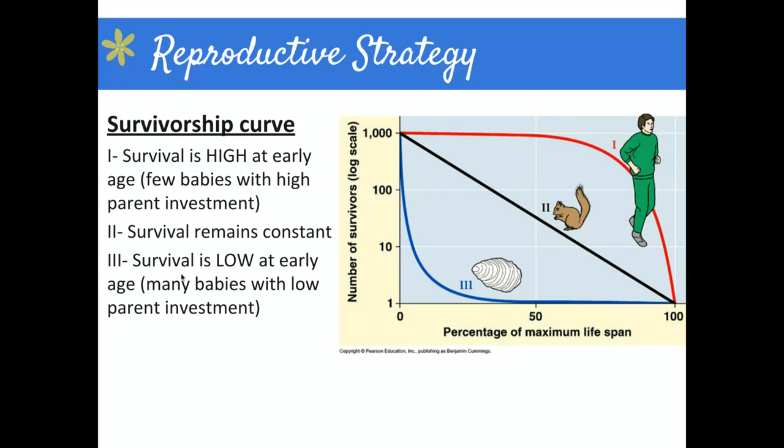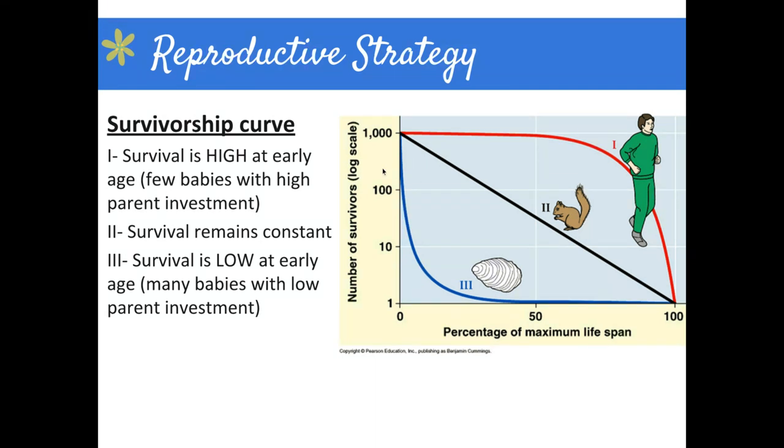Now, the spiders have more of a type 3 survivorship curve, like this oyster too. We saw all of those babies pop out of that egg sac, but the sad truth is the reason mom had so many babies and didn't check on them is it's expected that most of them are going to die right after they're born, and then they will slowly age and die off.